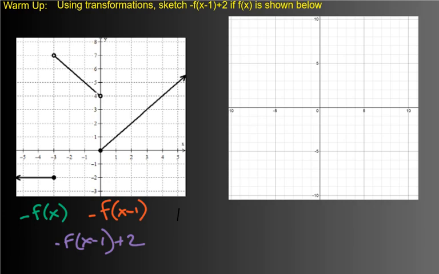So if we do a vertical flip, we're basically flipping. All these outputs here of negative 2 get negated, and they're going to be up there at 2. These outputs, ranging from 4 to 7, get negated and flip, and will range from negative 4 to negative 7. So that one would look like this.